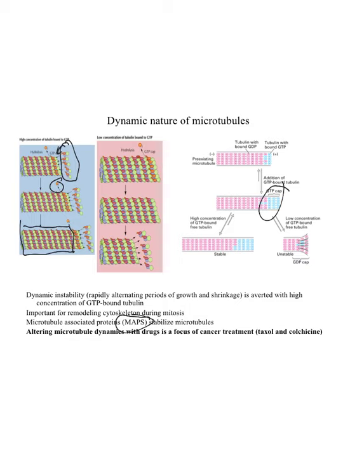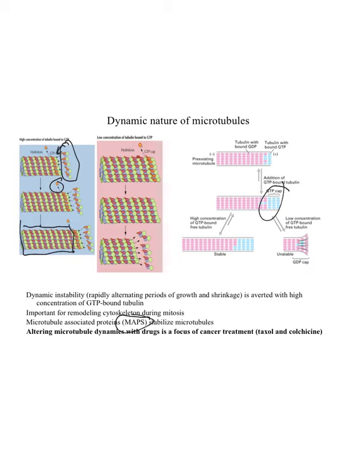So another kind of cool thing about microtubules is that they are clinically relevant. Quite a few of our cancer treatment drugs target microtubule stability. And the logic here is a tumor, a cancer cell that's become transformed, is rapidly dividing, has a very high metabolic rate.